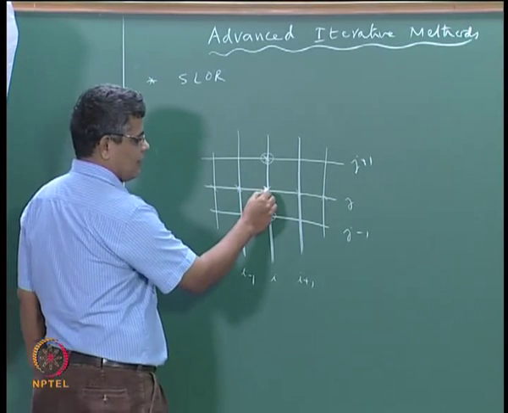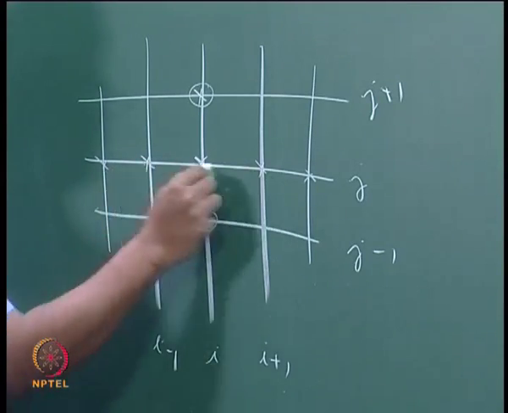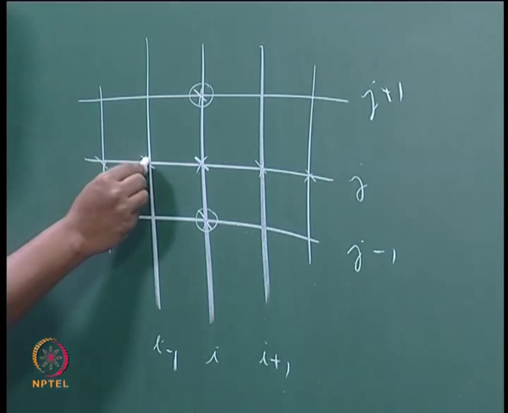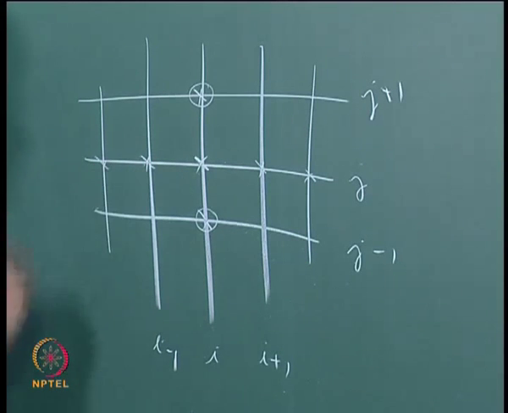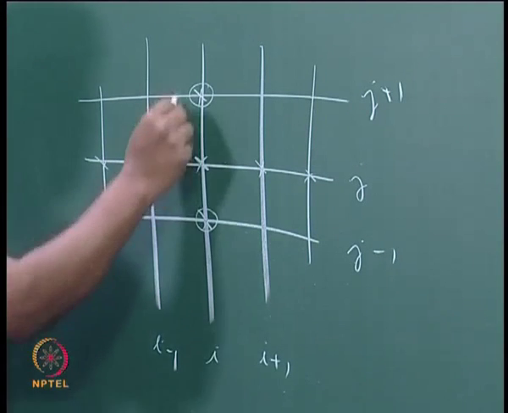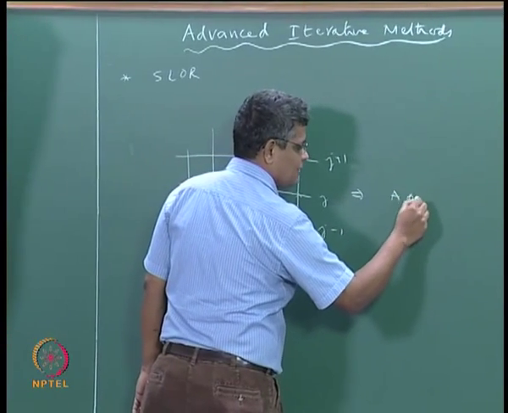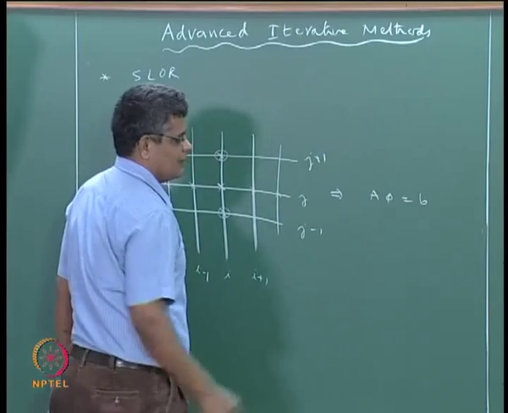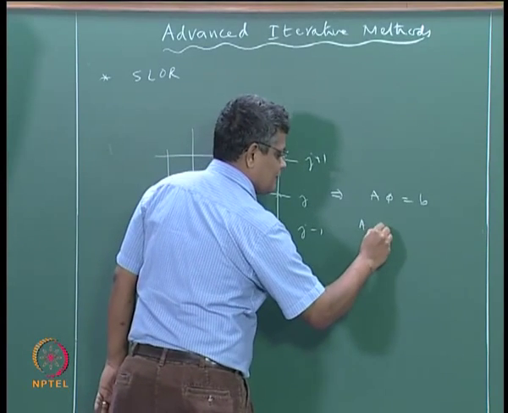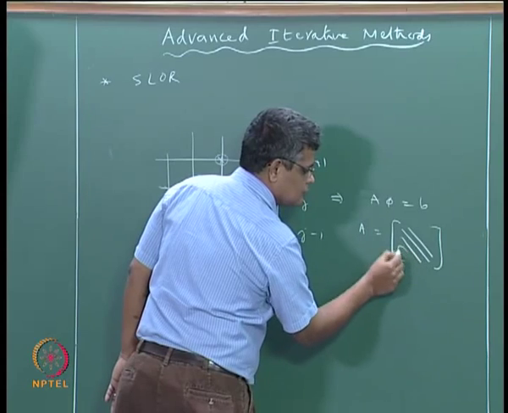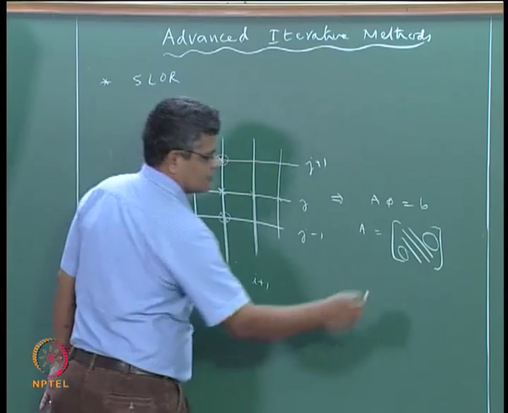So the value of this is represented only in terms of 3 successive neighboring points, 3 adjacent points, and similarly this is represented in terms of 3 adjacent points. So if I assume this, I can convert this into A phi equal to b, where A is tridiagonal and all the rest are 0.